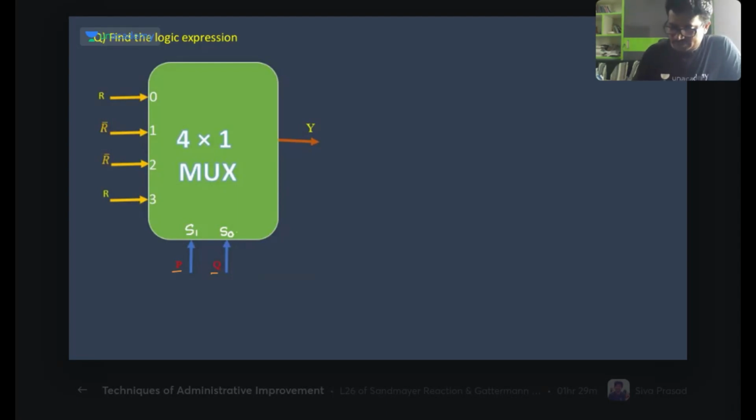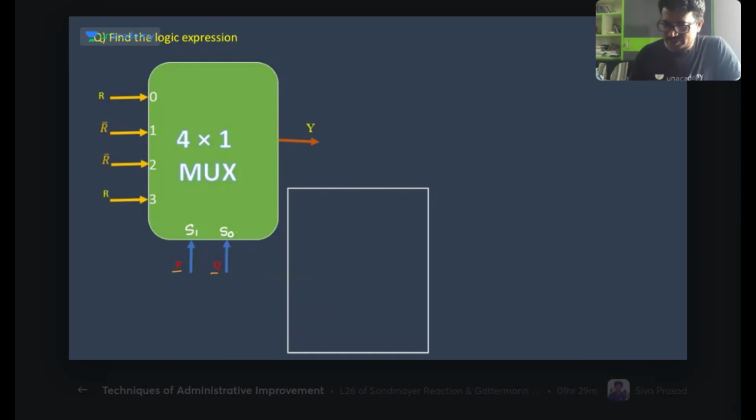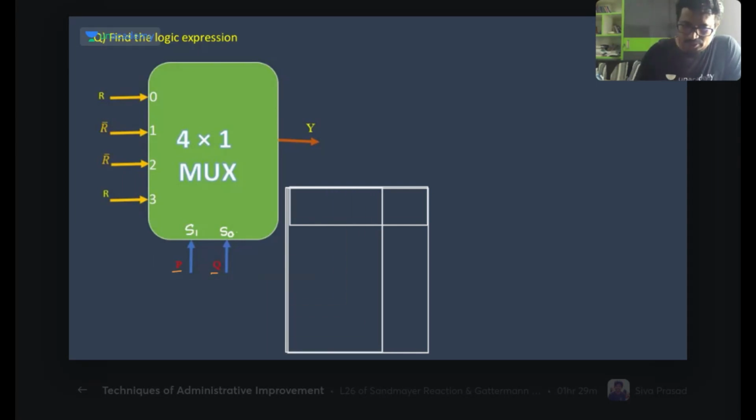We can form the table, PQ and Y. When both are 0, 0, what will I get? R. Both are 0, 0, will get R.